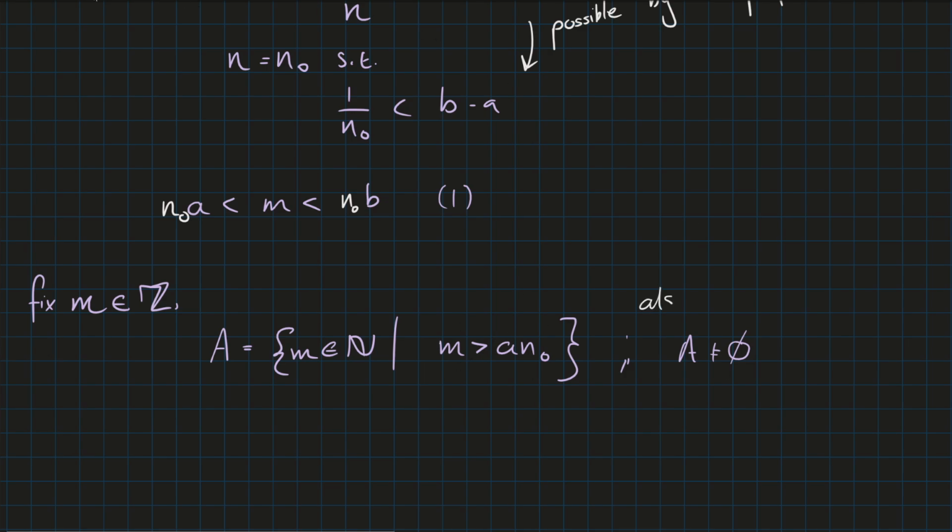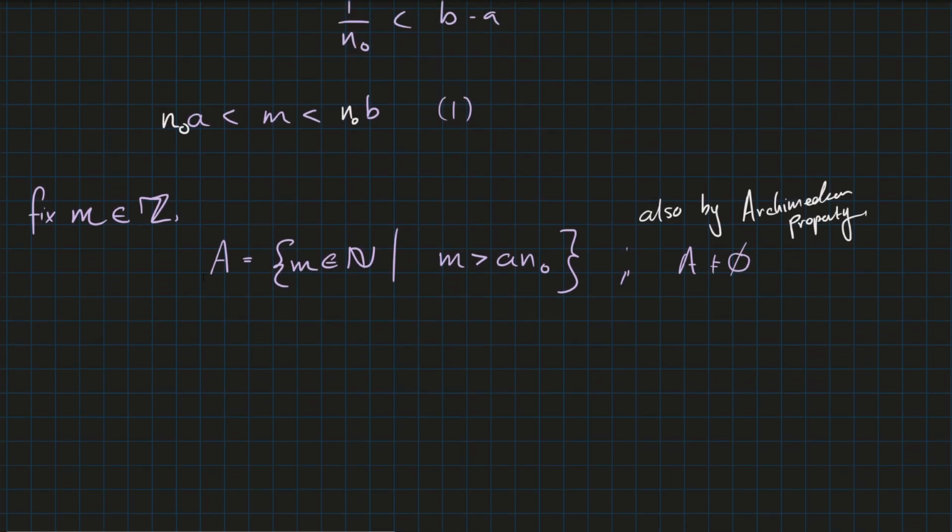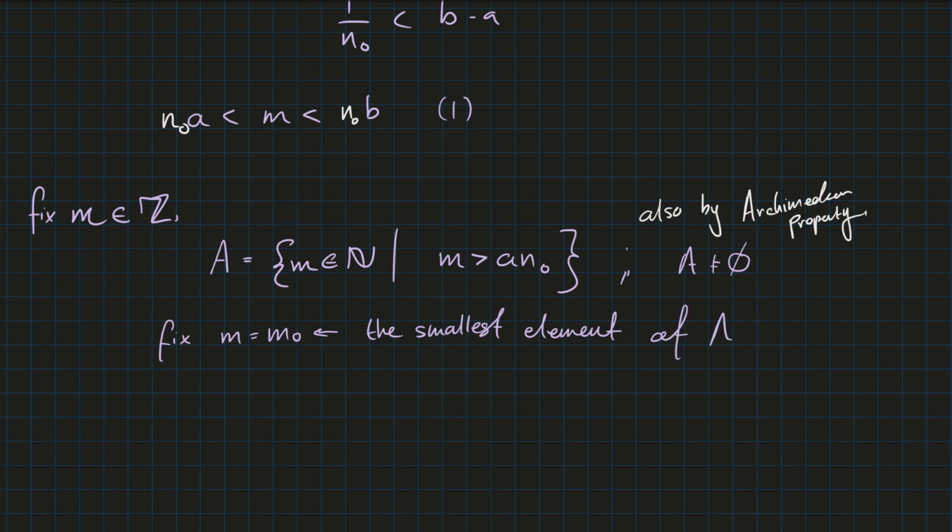It's essentially also the Archimedean property. So A is a set of natural numbers, therefore A has a smallest element. So fix m equals m naught, the smallest element of A. So we have a non-empty set of natural numbers.